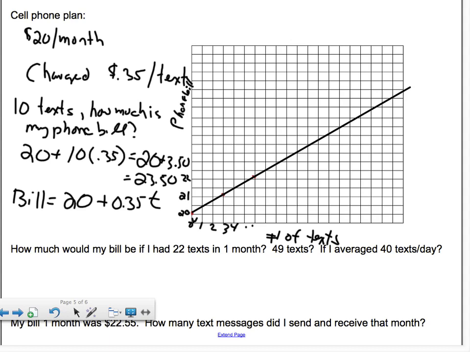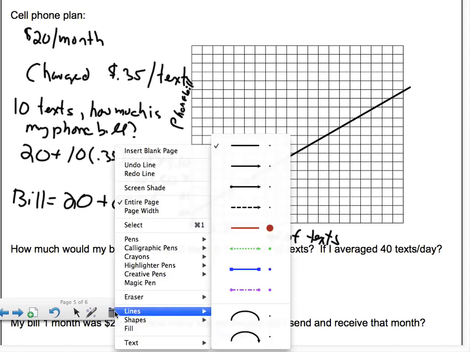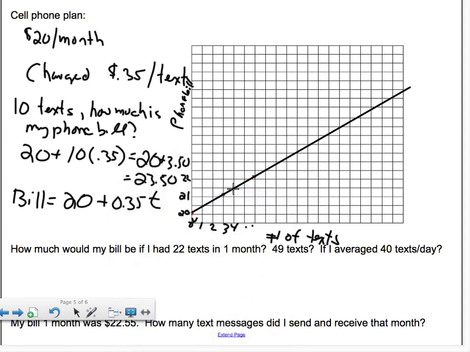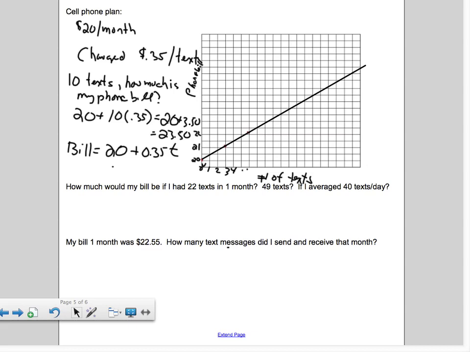So here are some questions. If I had 22 texts in a month, how much would that cost? So bill is equal to 20 plus 0.35 times how many texts do I have? 22.